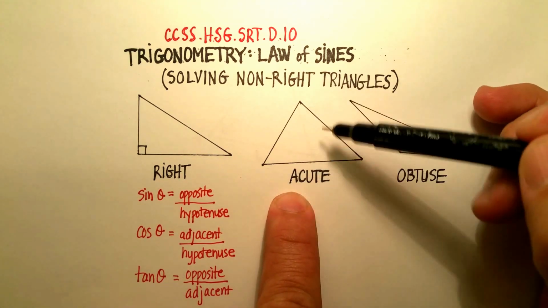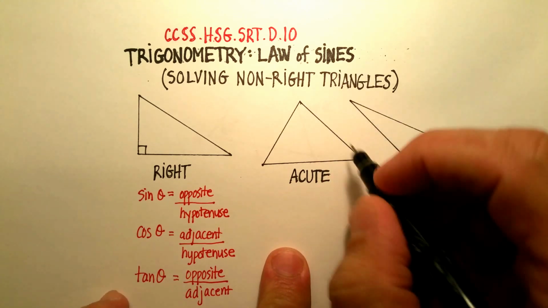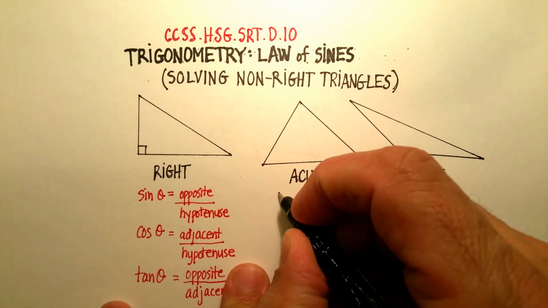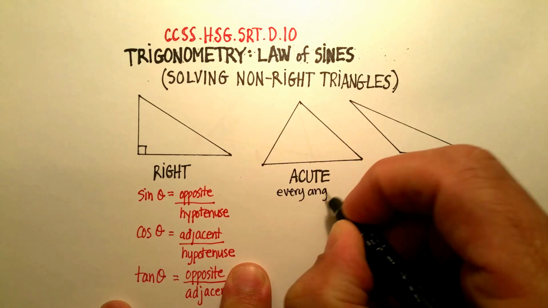Remember that there are acute triangles where every angle is less than 90 degrees.